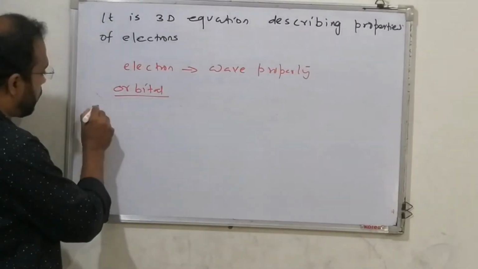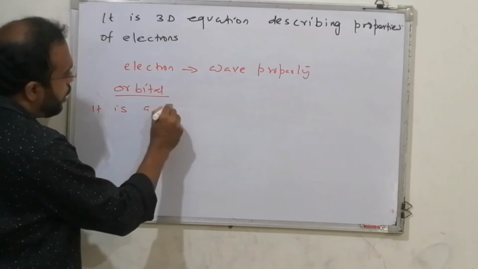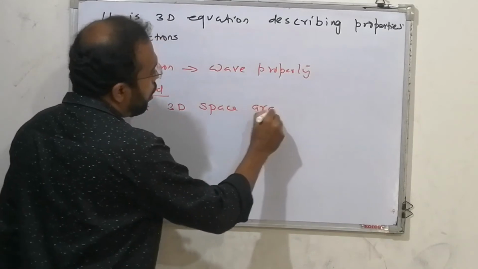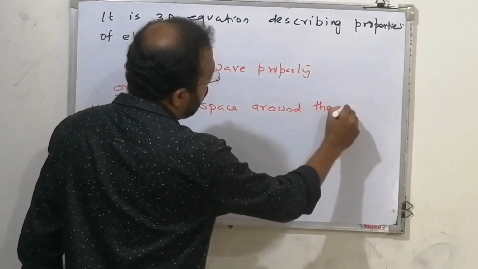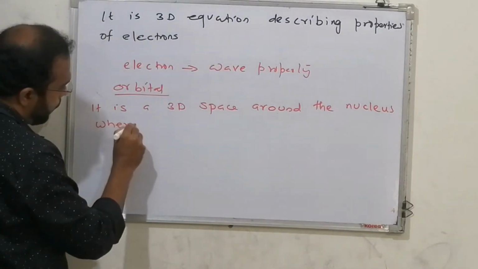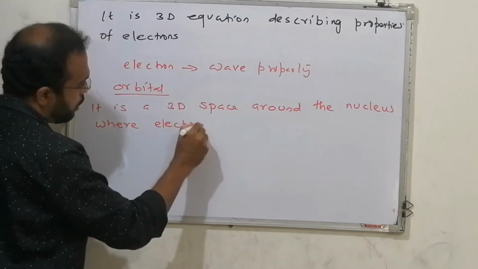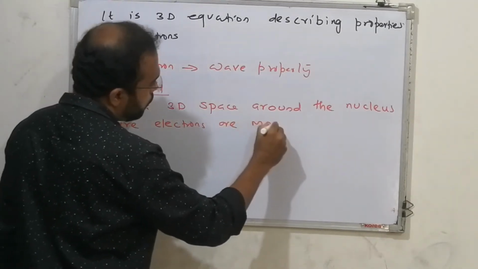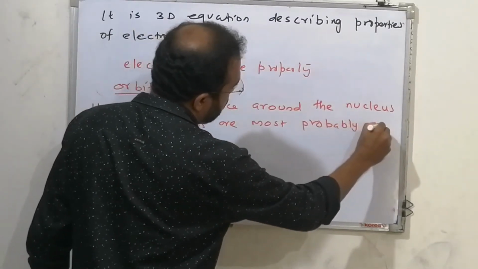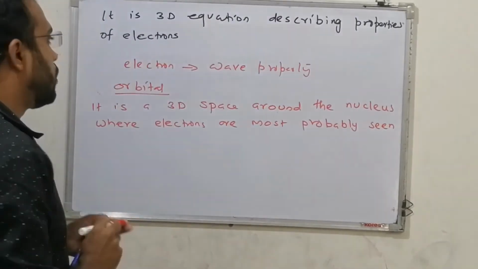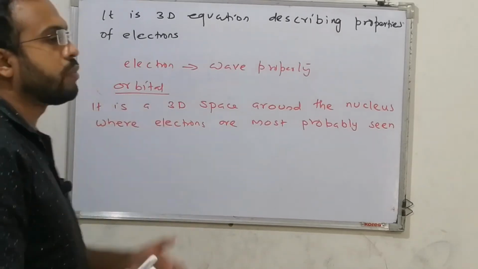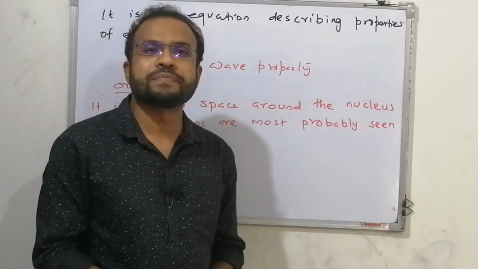It is a three-dimensional space around the nucleus where electrons are most probably seen. This is what we call orbital. Fine.